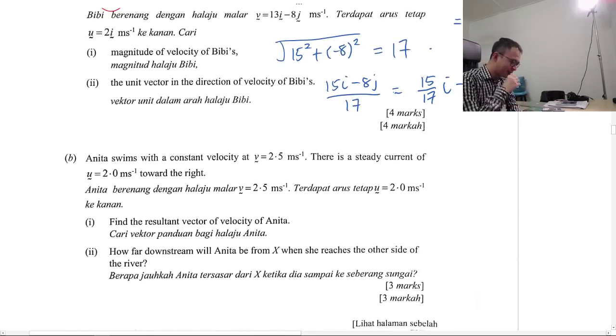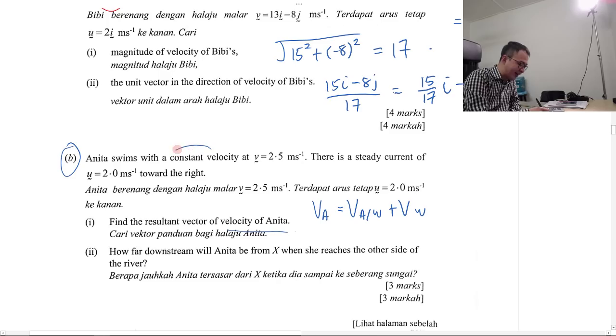Alright, let's move on to part B. Anita swims with a constant velocity V, and the steady current of the water is 2 toward the right. Find the resultant velocity vector of Anita. So, the same thing: to find the resultant velocity vector of Anita, you get the velocity of Anita relative to the water plus the velocity of the water.